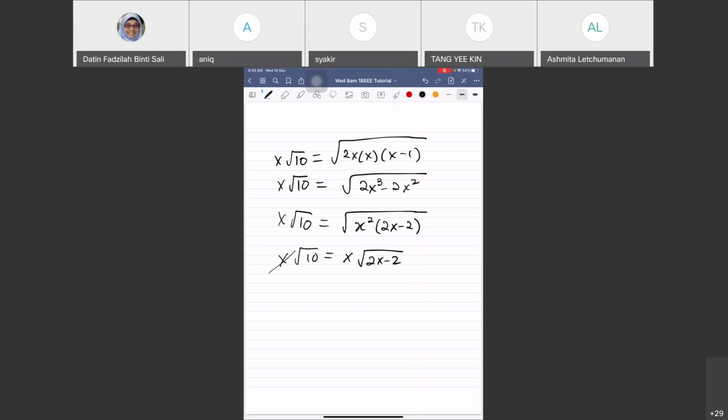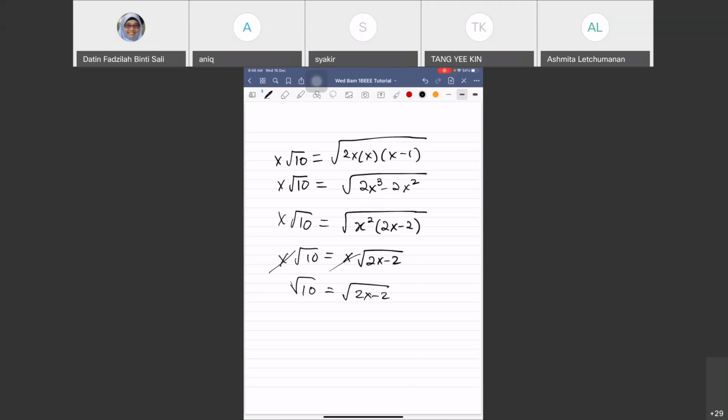you cancel. Okay, so when you cancel, remember last time when we cancel the x, that's when we are going to lose one root, isn't it? Even though that may not be the solution, okay? Because then you do like this.